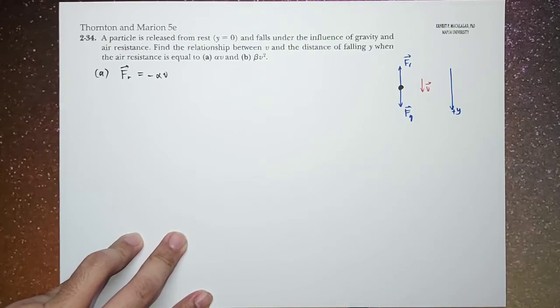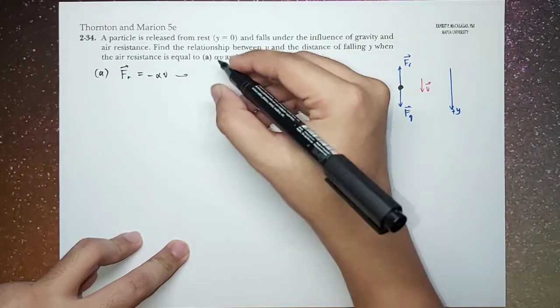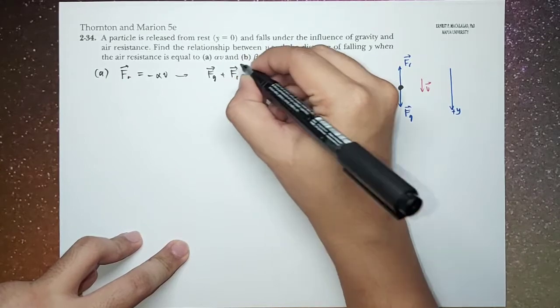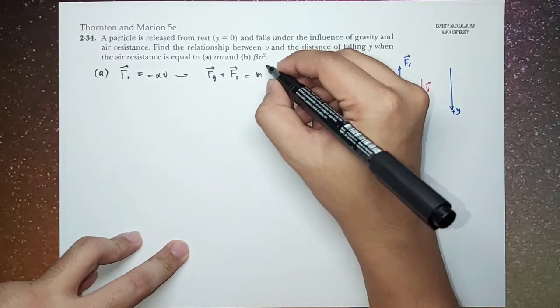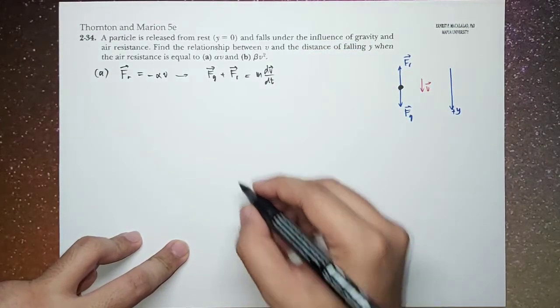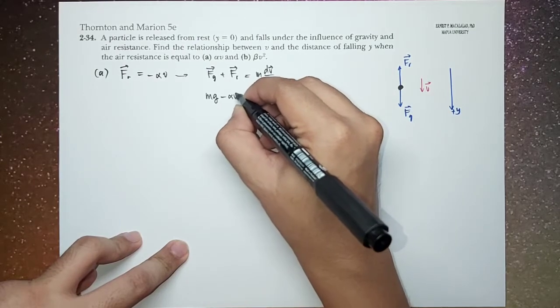Together with the gravitational force, the equation of motion becomes Fg plus Fr equals m dv dt, or this will now be equal to mg minus alpha v.